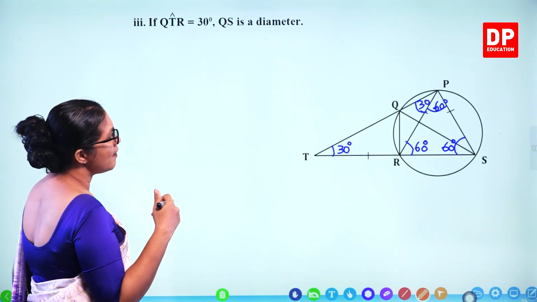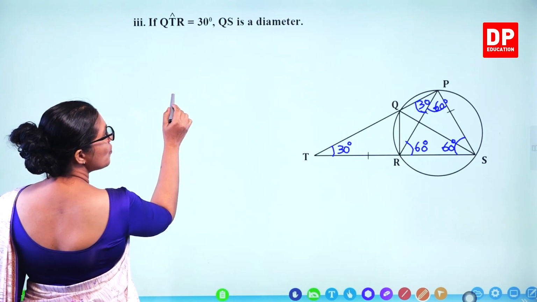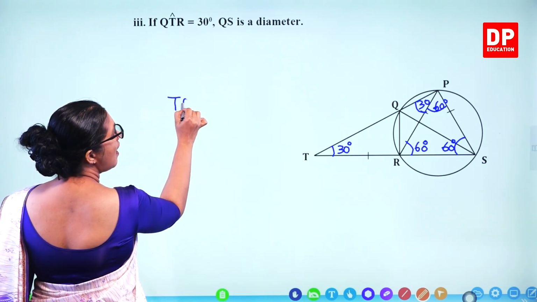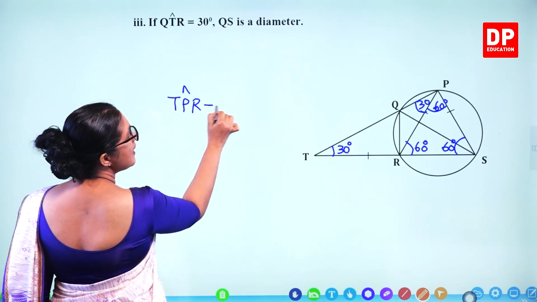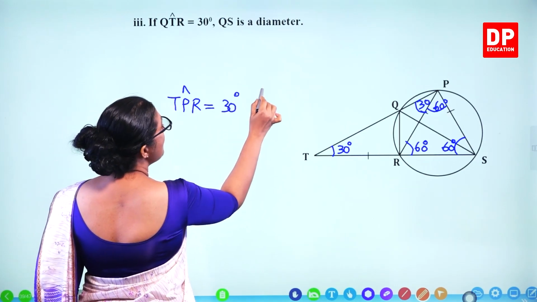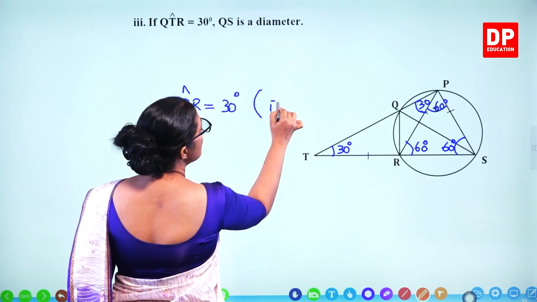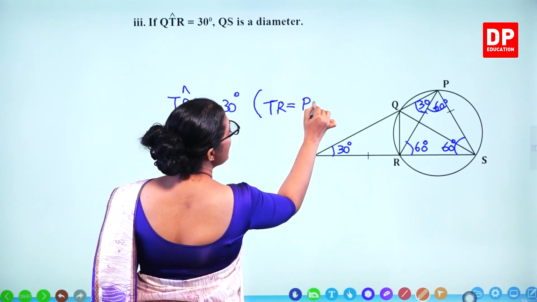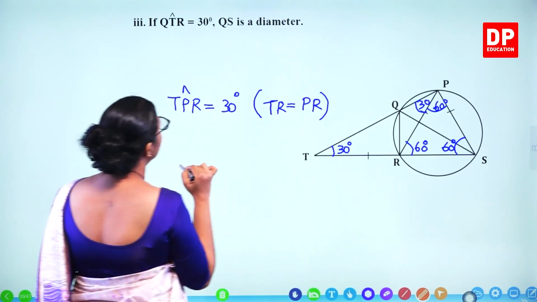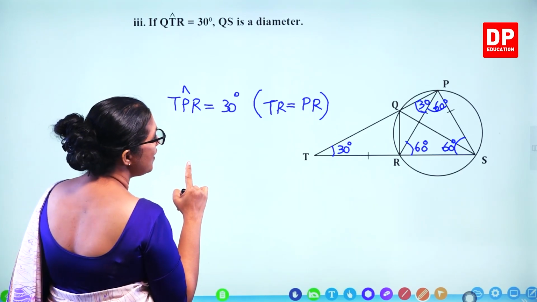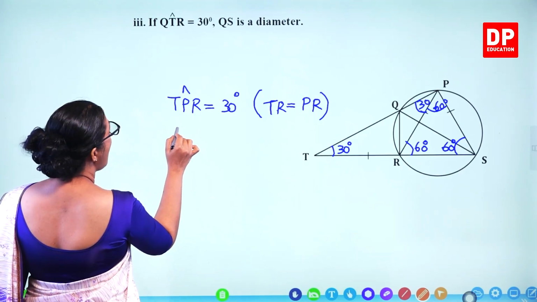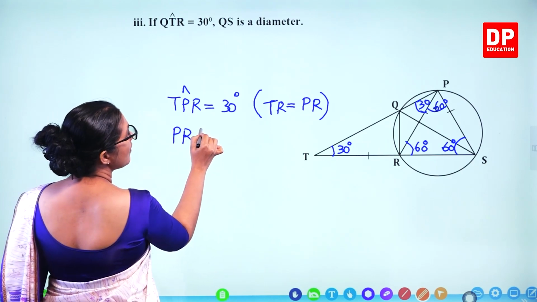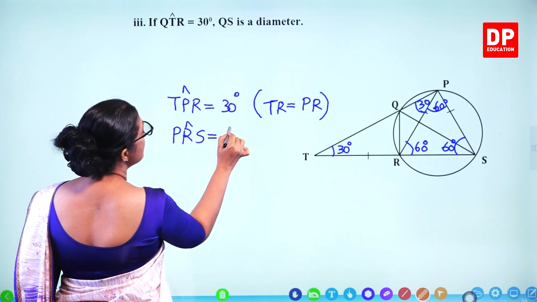So we have to write everything. We can write angle TPR is 30 degrees because TR is equal to PR. Then we can write angle PRS is 60.